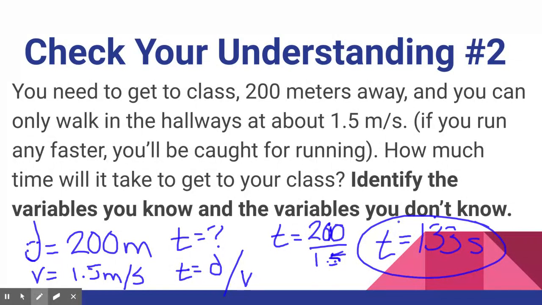So in this case, we didn't find just 133. We found 133 seconds. Okay. Why is it seconds? Because we're finding time. We're not finding distance. We're not finding speed. We use distance and speed to find the time.